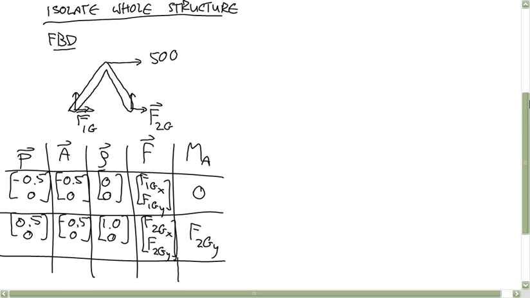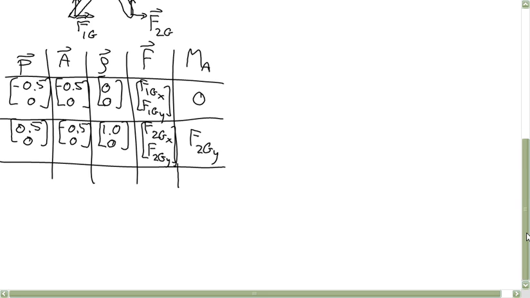And then finally, where's this 500 Newton force at? Yeah, 0.5 and 1 times sine 60, so 0.866. The about point is negative 0.5, 0.